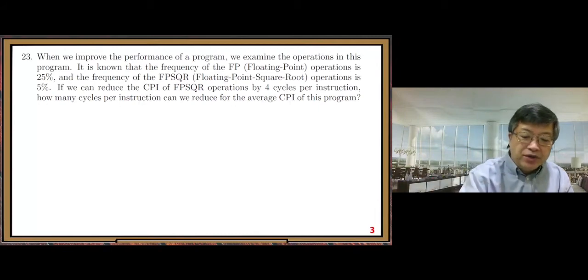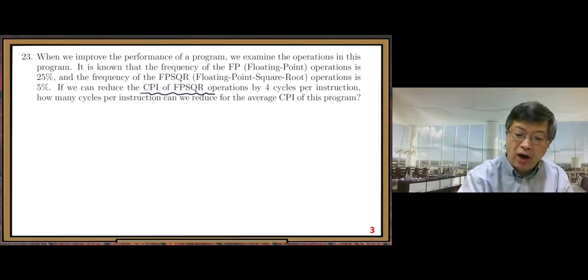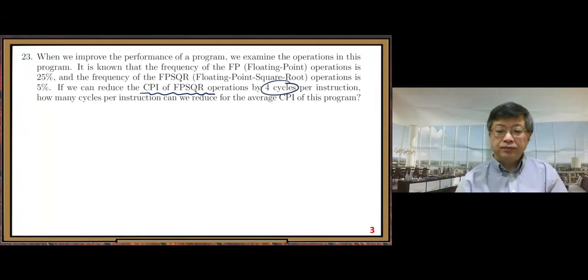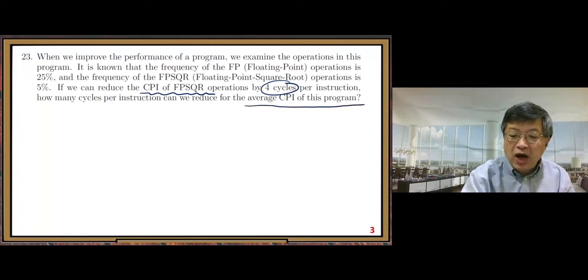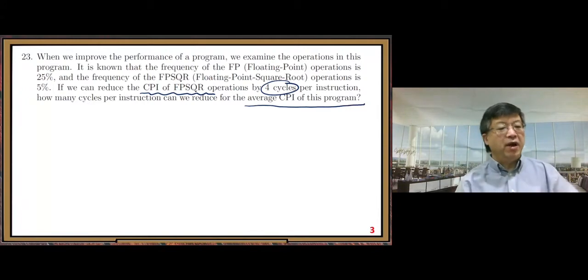If we can reduce the CPI of FPSQR by 4 cycles per instruction, how many cycles per instruction can we reduce for the average CPI of this program?